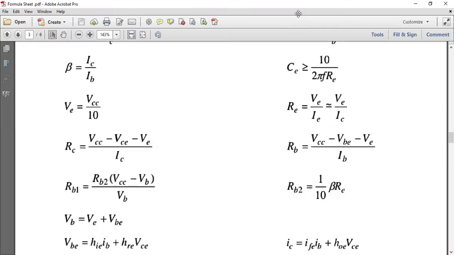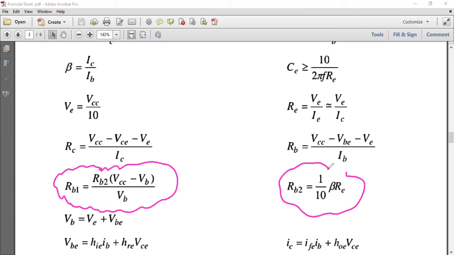So as we consider your formula sheet, you are given these, okay, for your voltage division, your RB1, your RB2, 1/10 beta RE. We are no longer using this RB. You remember, use this RB when you were just dealing with a fixed bias common emitter amplifier, just a normal one, when you are given that emitter part.